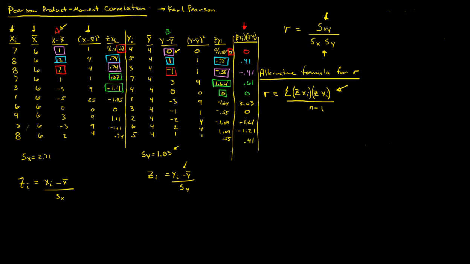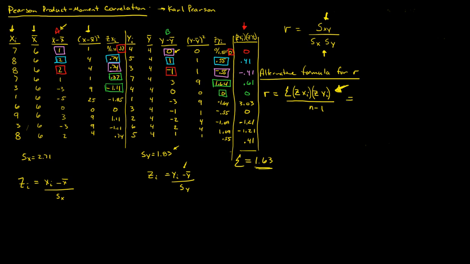What we want to do is sum this, because this is what the numerator of the alternative formula calls for: the sum of the cross products of the z-scores. If we sum this, we get positive 1.63. We now have everything we need to plug and chug the numbers.